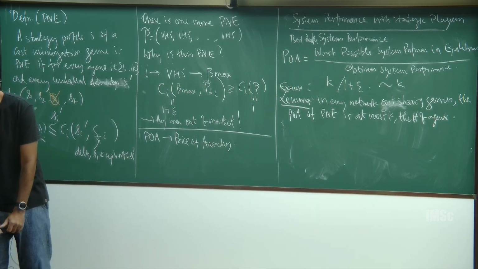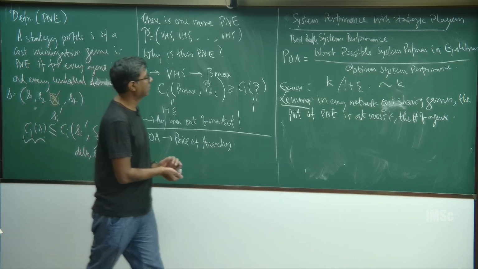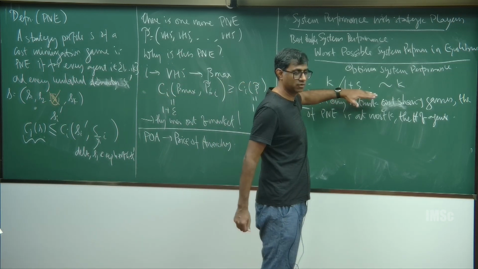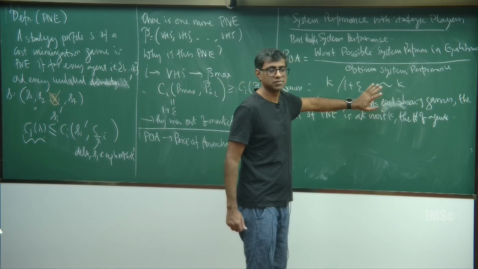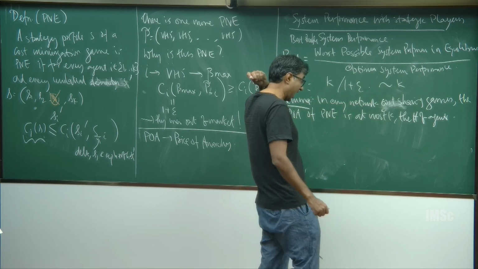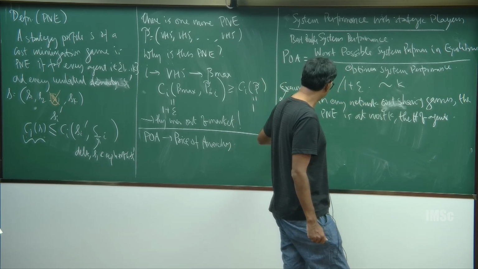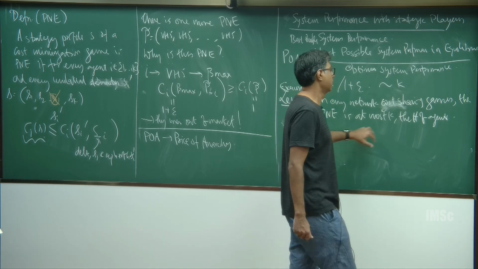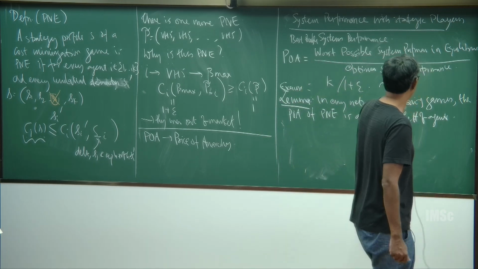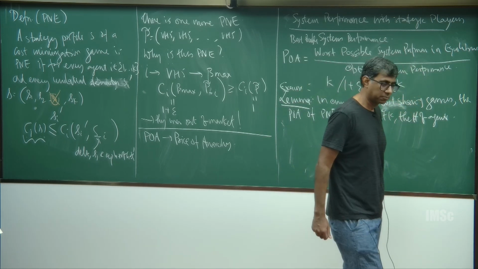So, if you look at these network sharing games, this example of K or 1 over epsilon shows that you cannot make it worse than this, right. Every pure Nash equilibrium has price of anarchy at most the number of agents. It is not more than K, right.